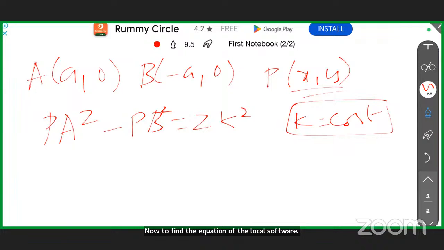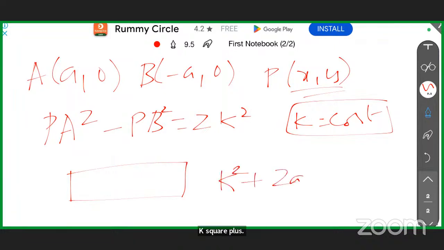So we already solved a question of this type yesterday. I'll tell you how to do it. First find the PA square value, then find the PB square value, then substitute in the equation and simplify. You'll get an answer, and your answer should be k square plus 2ax is equal to 0.